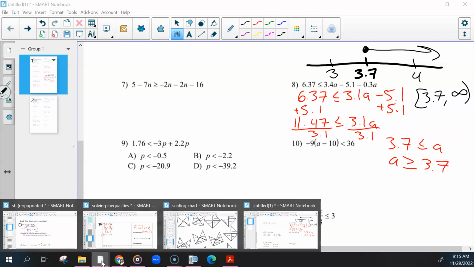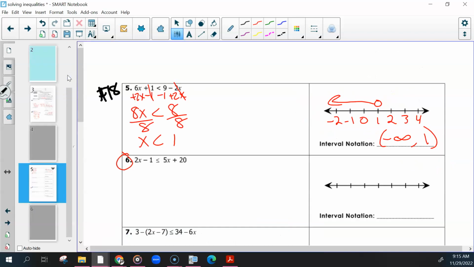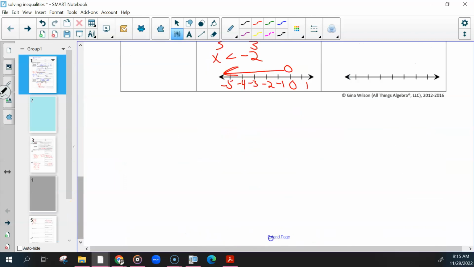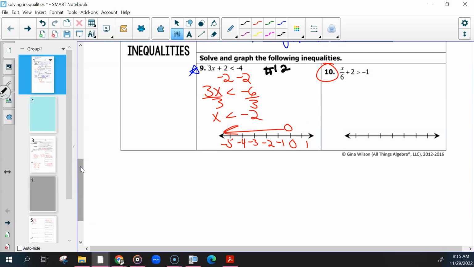Going back to number 10 at the beginning. If we were to solve this, what would we do first? There are multiple ways to solve this. It depends on if you want to get rid of the fraction or deal with it.